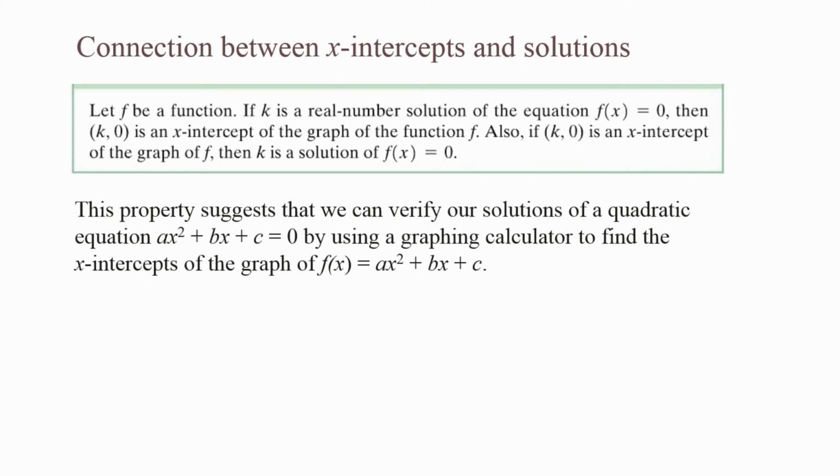This property suggests that we can verify our solutions of a quadratic equation ax squared plus bx plus c equals 0 by using a graphing calculator to find the x-intercepts of the graph f of x equals ax squared plus bx plus c.